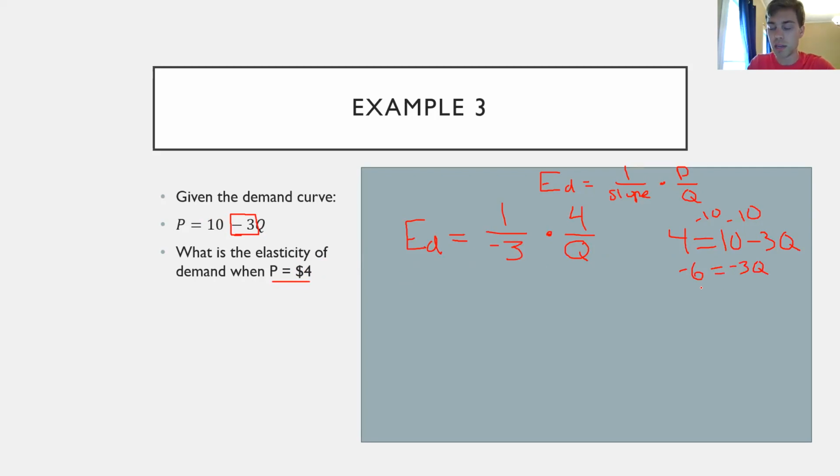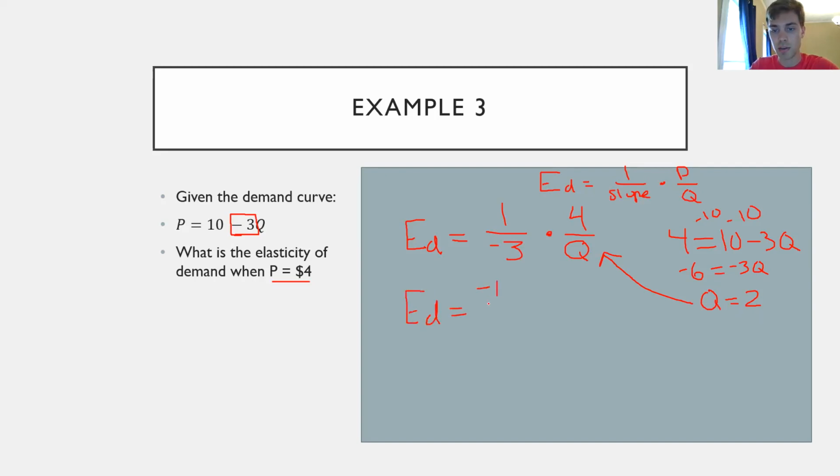Then if we divide by -3 on both sides, we get that Q is equal to 2. Now that we found Q is equal to 2, we can plug that quantity into our equation, and we can solve for elasticity of demand.